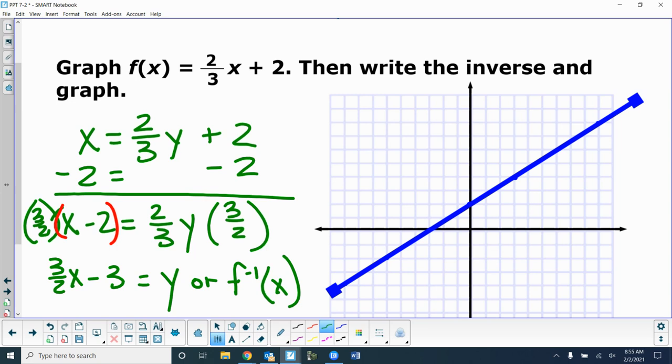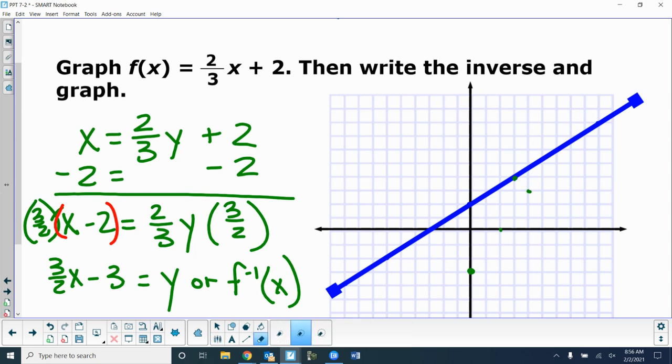So where's -3? Right there, right? What's my slope? Up 3 and over 2, right?